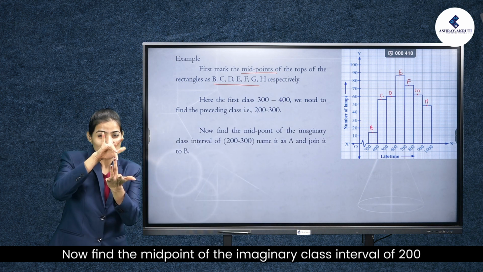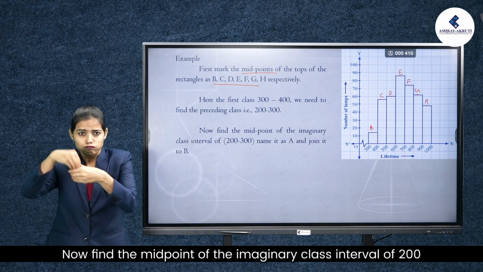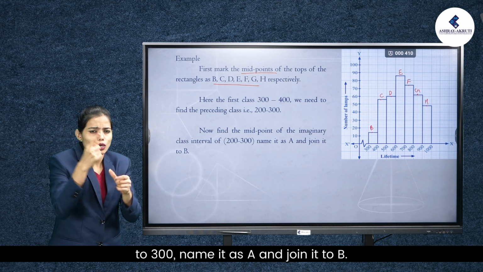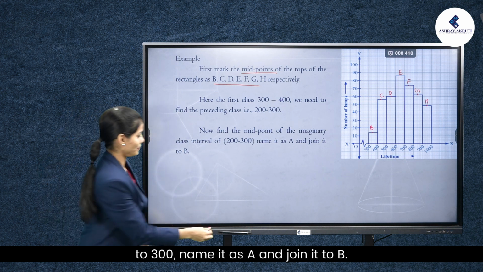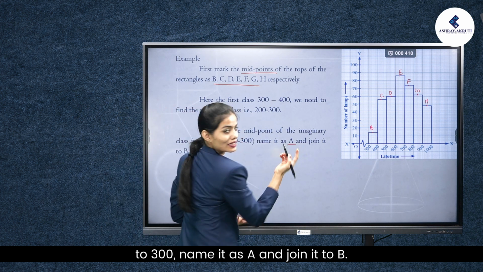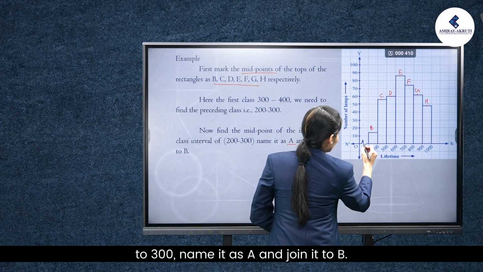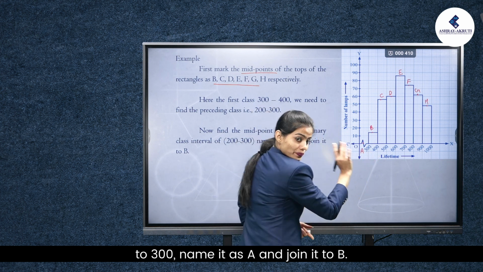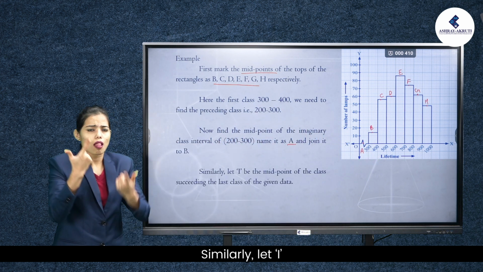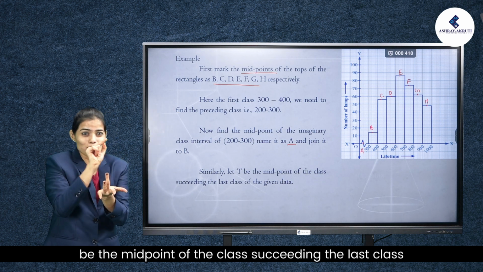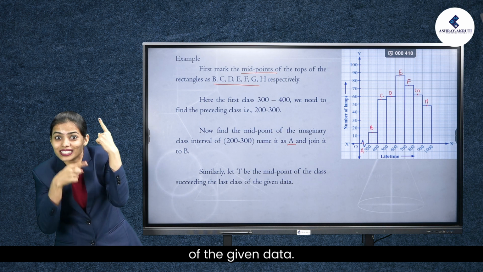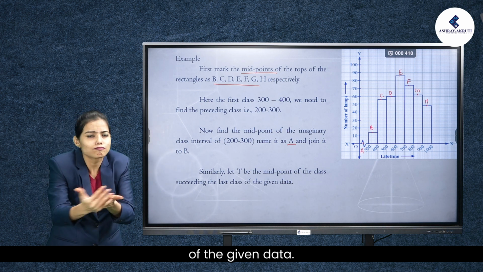Now, find the midpoint of the imaginary class interval of 200 to 300, name it as A and join it to B. Similarly, let I be the midpoint of the class succeeding the last class of the given data.